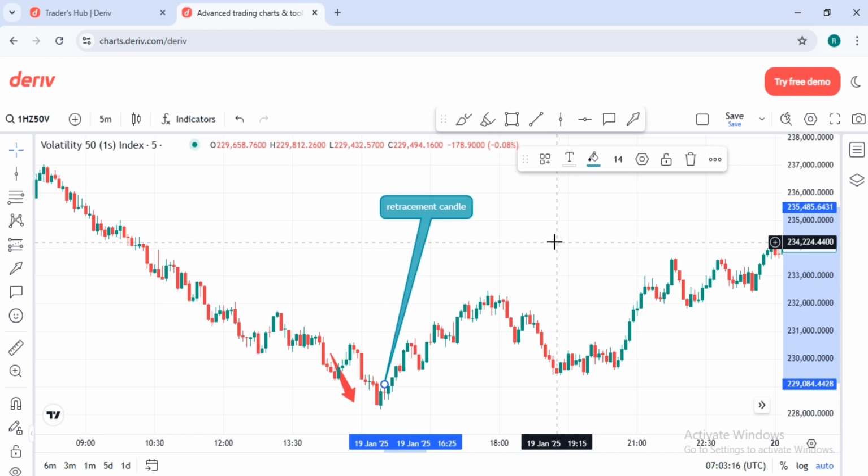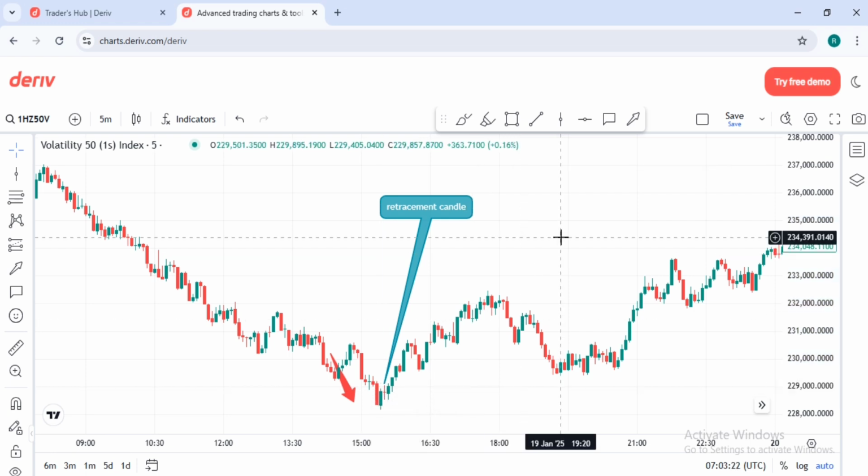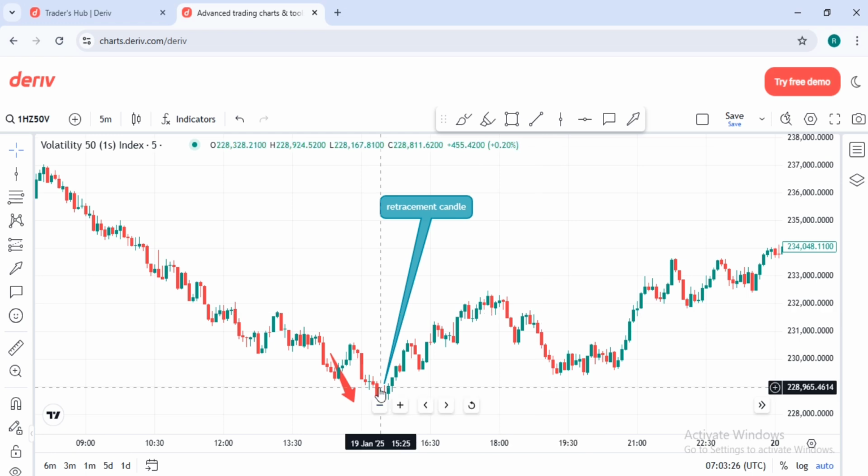It's normally a small candlestick, not necessarily a doji, but it's a red one instead of a green one in this case. So if you enter a trend using 5 minutes, you would make a loss.